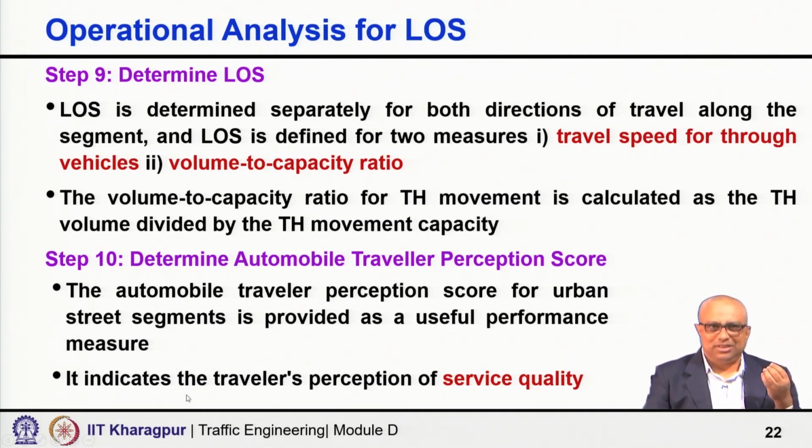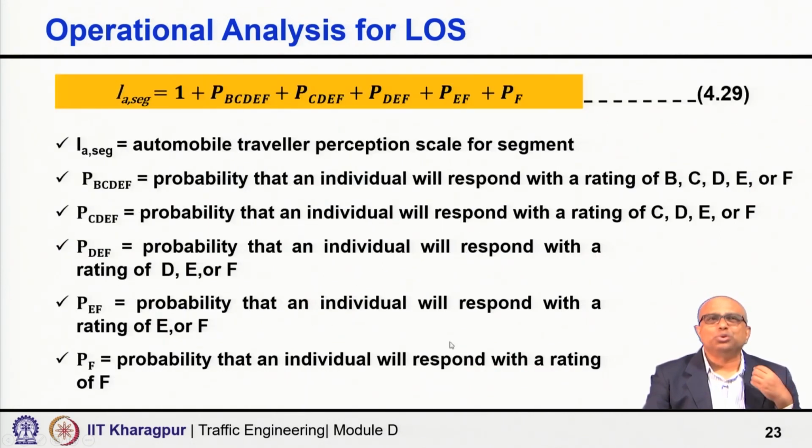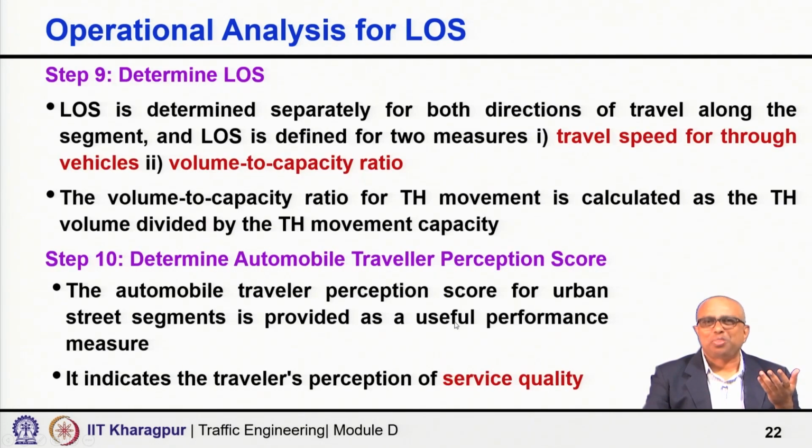It indicates travelers' perception of service quality, but we do not use that directly for measuring the LOS. LOS is still based on the travel speed for through vehicles and V by C ratio, but all these are also important. So, you can calculate and check the travelers' perception score.